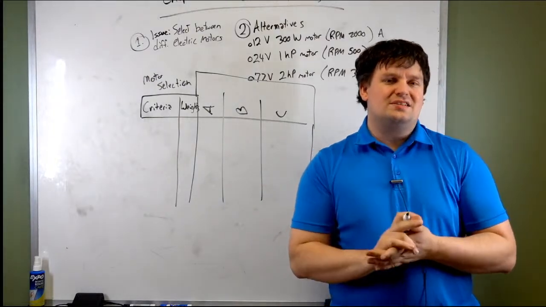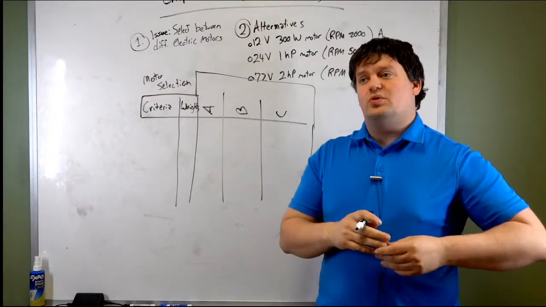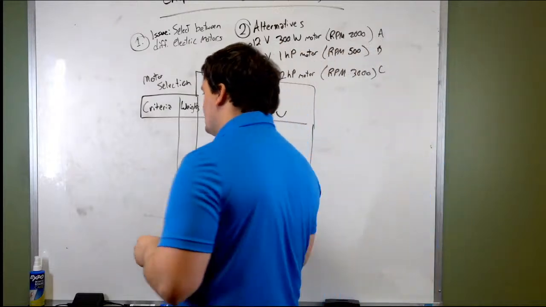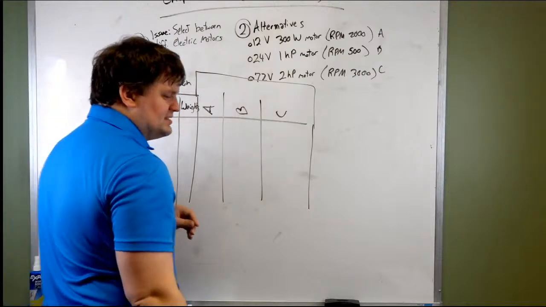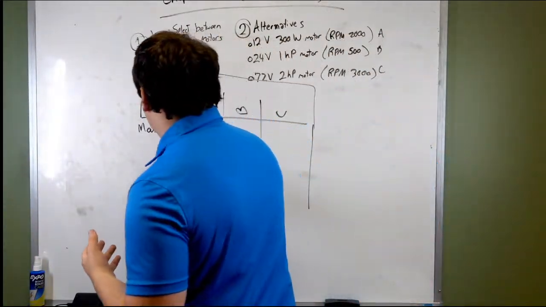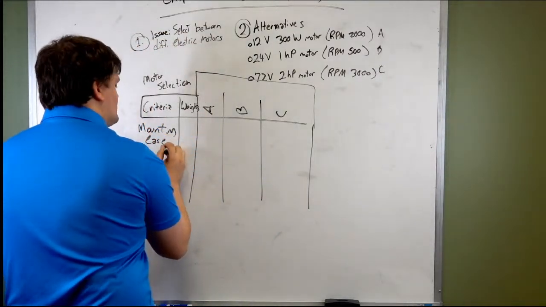So what are the criteria that I can use to pick a motor? Well, when it comes to motors, what kind of things are important? First of all, you have to mount a motor, and that takes a little bit of effort. So let's say ease of mounting.